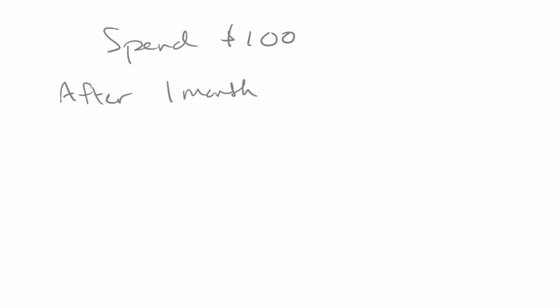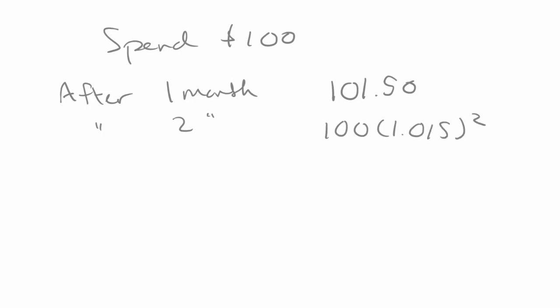But in reality, of course, the credit card company charges you interest on interest. So let's say you spend $100 and you never pay your bill for a year. So after 1 month, your statement reads $100 plus interest, or $101.50. After 2 months, your statement reads 100 times 1.015 squared.